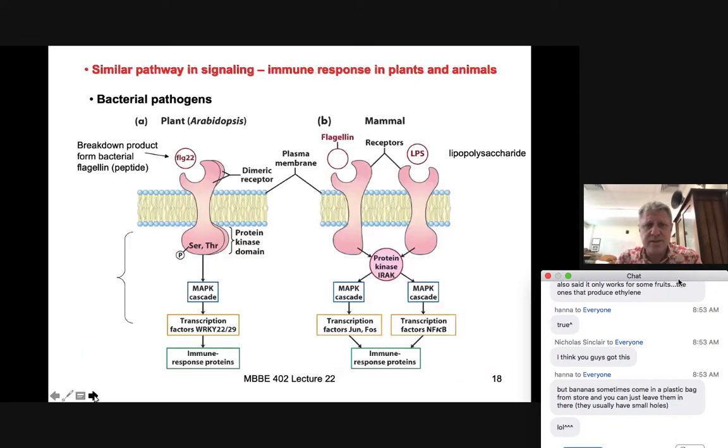So we also see a two-compartmentalization signaling system occurring in immune responses. I don't want to get into too much of this, but plants do have an immune response, particularly to bacteria. In this case, certain proteins are expressed by the invading bacteria, which are sensed by transmembrane proteins, these bacterial flagella sensors.